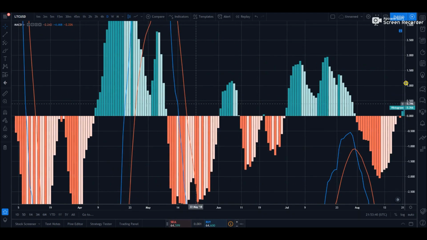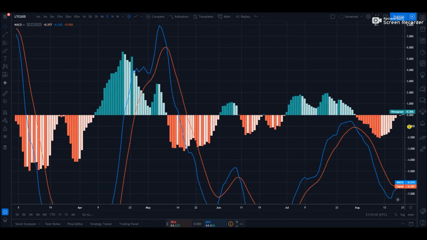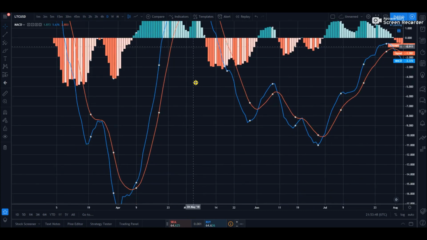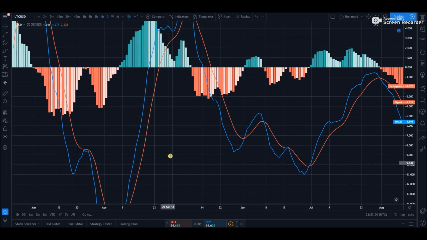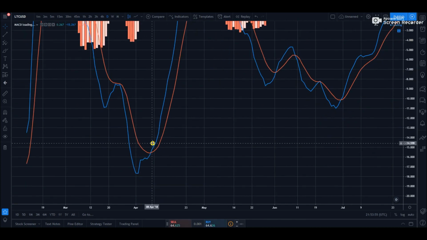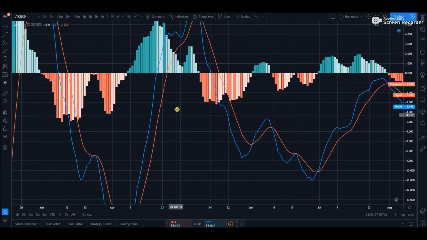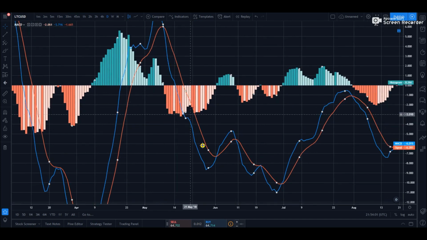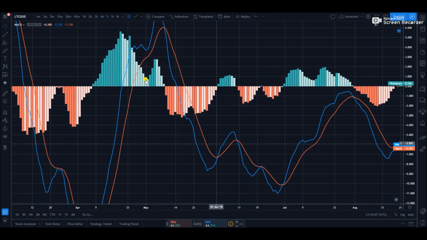You see here? You see how this one has a massive explosion on the MACD on the green side. This is a very good indication of a bull trend. As you can see, they cross. The blue line is the MACD, the red line is the signal line. Whenever the blue line is above it, that means it's an uptrend. And whenever the red line goes above the blue line, that means it's a bear trend for that moment.